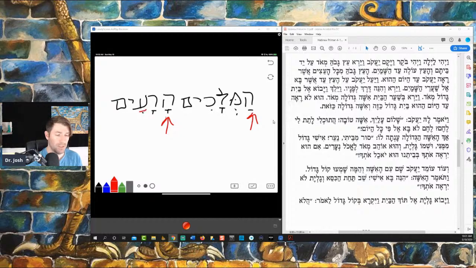They match in number, so they're both plural. And they're both masculine. So they have to match in gender, number, and definiteness. So hamelachim, you couldn't have hamelachim ha-ra'ot. That wouldn't work. They have to match in gender.